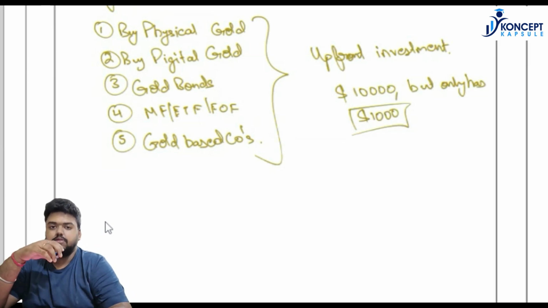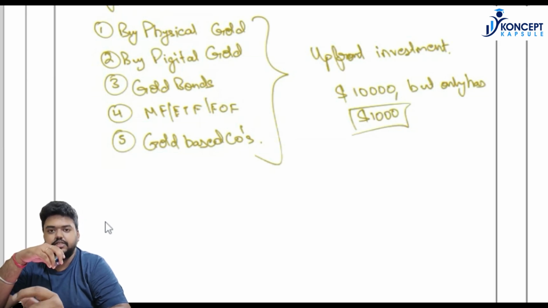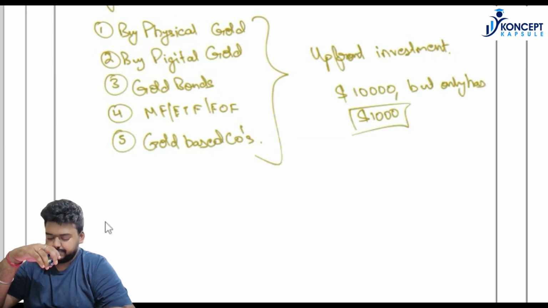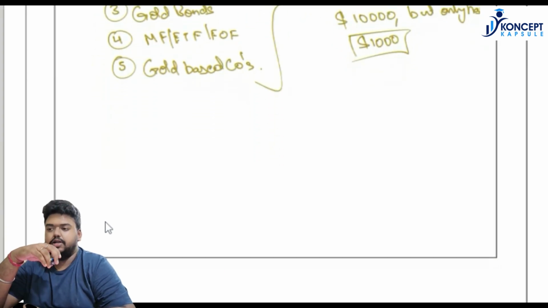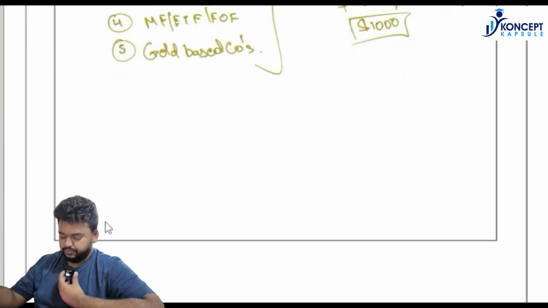Ideally, Raju is also not interested in buying gold. He is not interested in keeping gold. He is interested in the upsides of gold. Basically, Raju is expecting that the prices of gold will go up and he will profit from that increase in price.